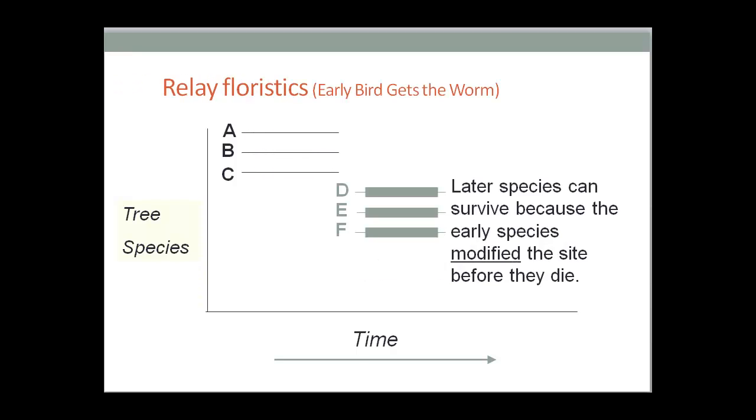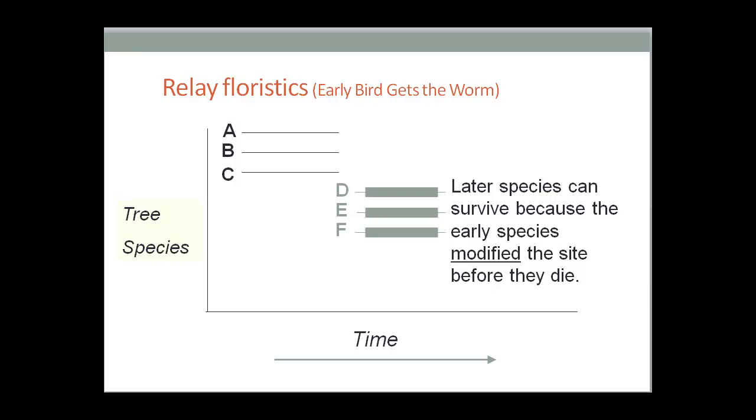As time progresses, the original species A, B, C will eventually die, and those will be replaced by species D, E, and F. So you can see the thickness of the bar is the extent of dominance of that species. So these hypothetical species are equally dominant within this forest community.